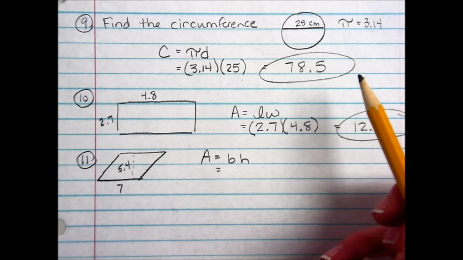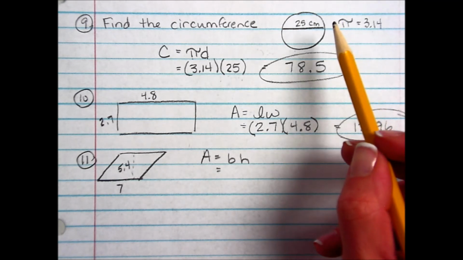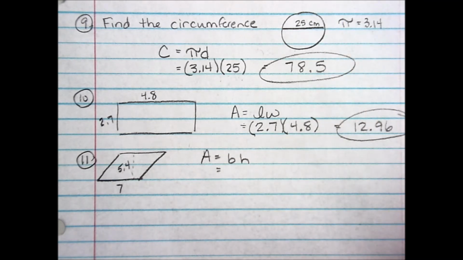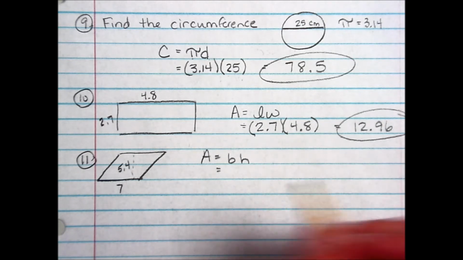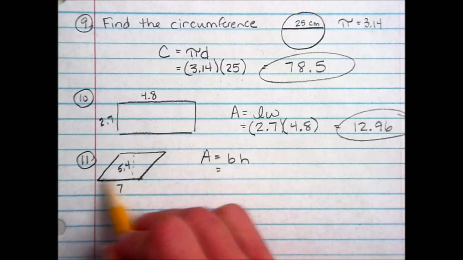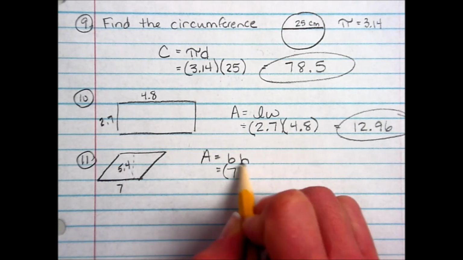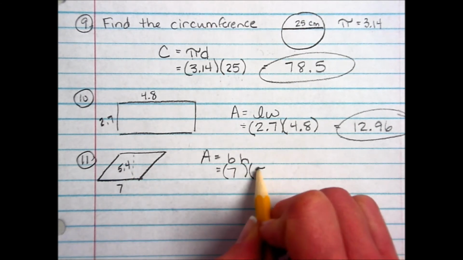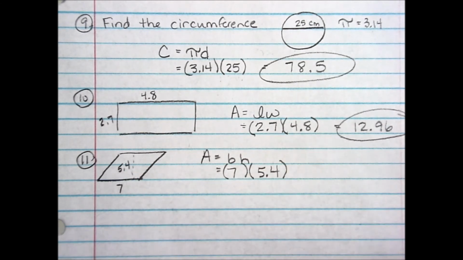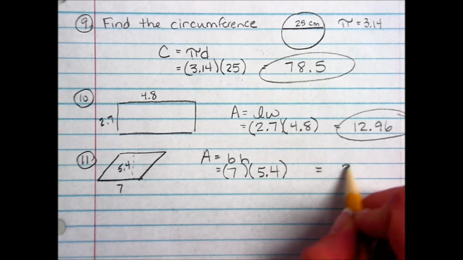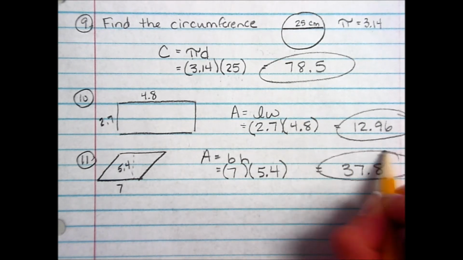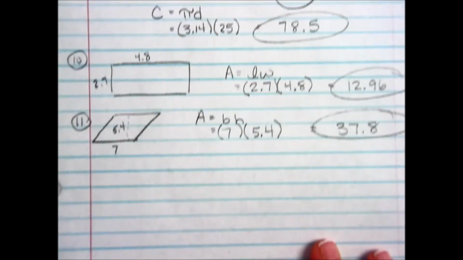Back up to circumference. There shouldn't be two numbers inside a circle. Okay. All right, so base here is 7, height 5 4/10. And again, all you do is type that in your calculator, multiply, and we get 37 8/10.